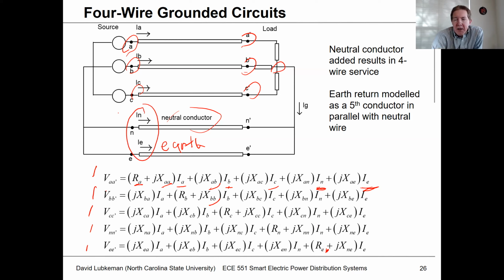All right. So keep in mind that the current flowing through this load neutral is going to split between the neutral conductor up on the wire and the Earth return. Okay, it's actually going to split. Part of it's going to flow through Earth, part of it's going to flow through the neutral wire.